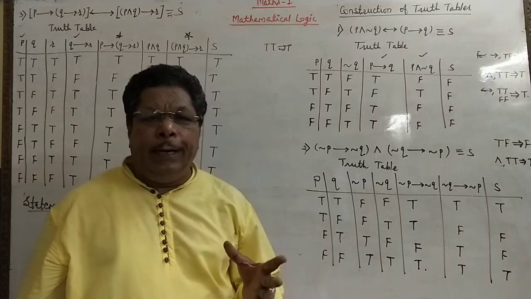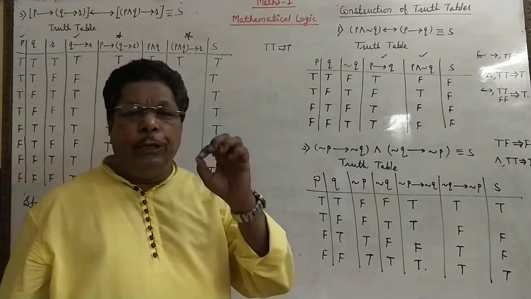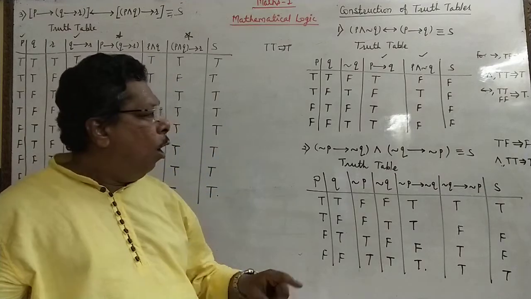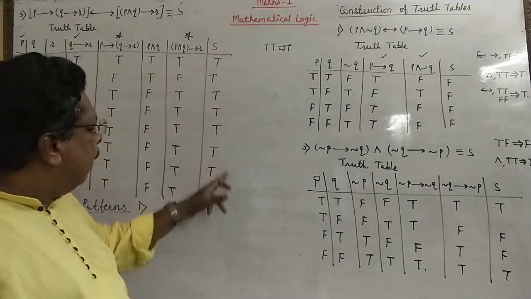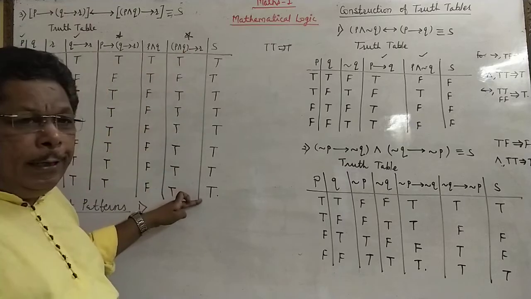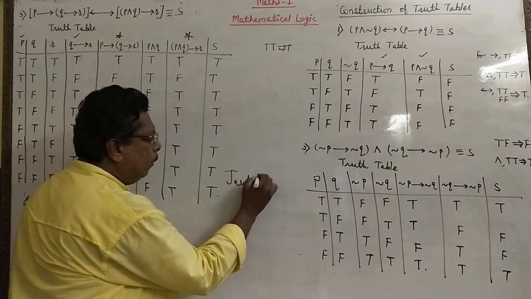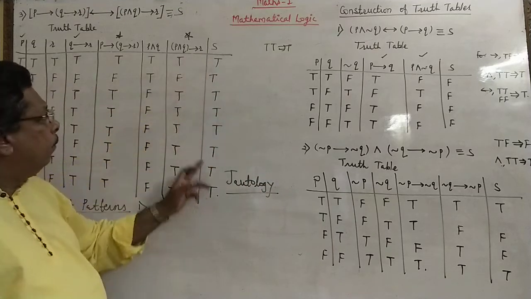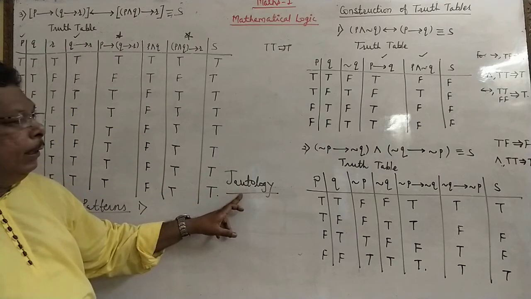If all the entries are T's in the last column of the truth table, then such a statement pattern is called tautology. See, in this truth table, all entries are T. Therefore, this statement pattern is tautology.